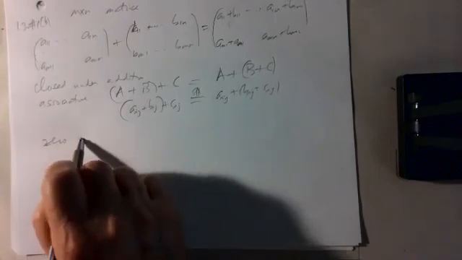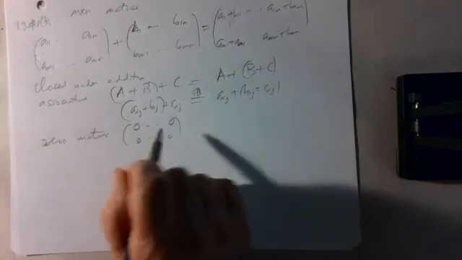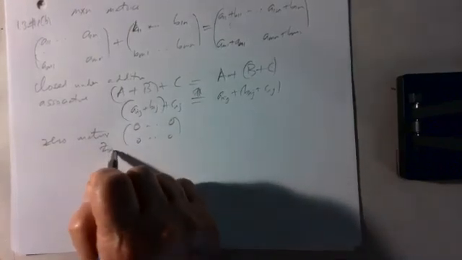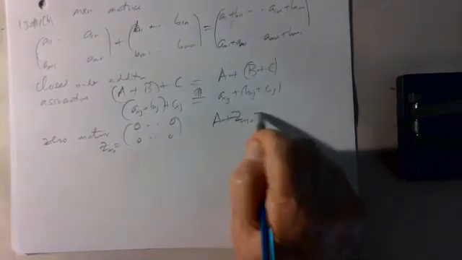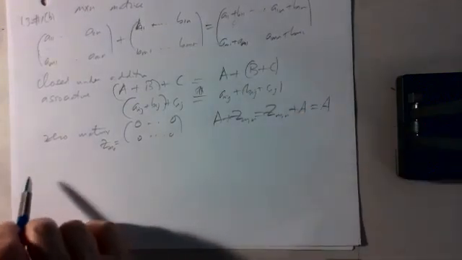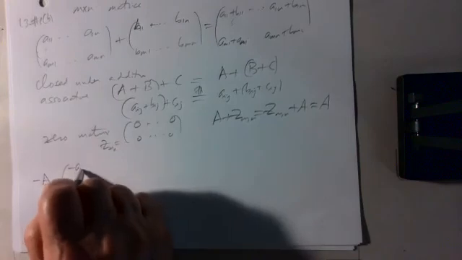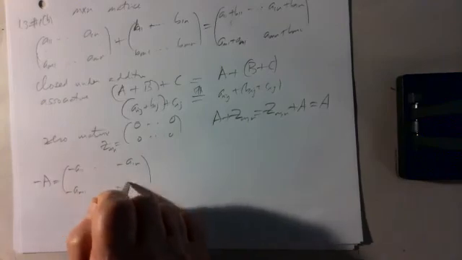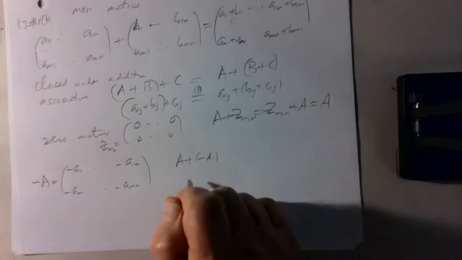You have the zero matrix, where every coordinate is zero, call it Z_mn, and A plus Z_mn is A, since you're just adding 0 to every coordinate. If this is the matrix A, the additive inverse is just the negative of all the coordinates. A plus minus A, what is the ijth coordinate?